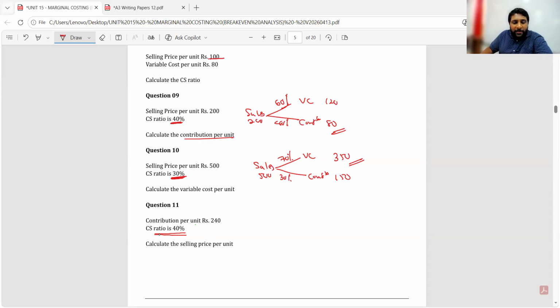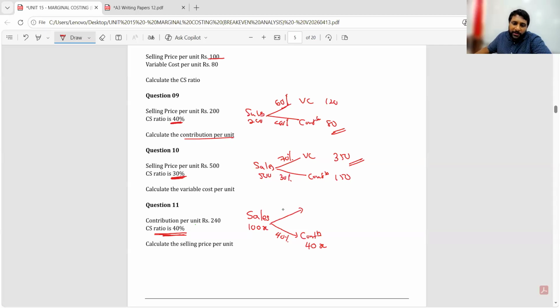Okay. What's the meaning of this, people? 40%, tell me. From the sales, contribution is 40%. So I'll take it like this. If my sales is 100x, my contribution is 40%, yes or no? Then contribution should be 40x.